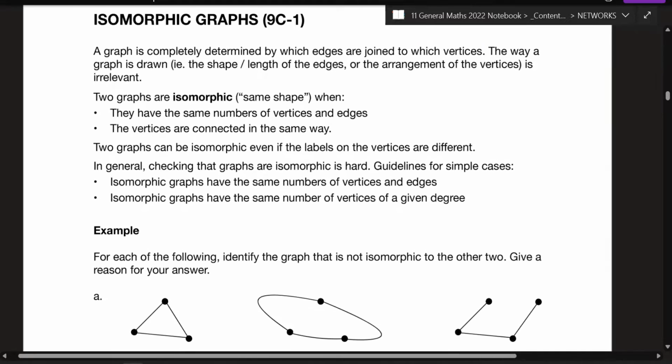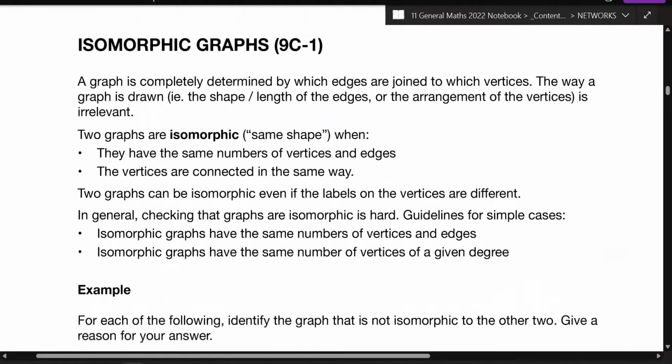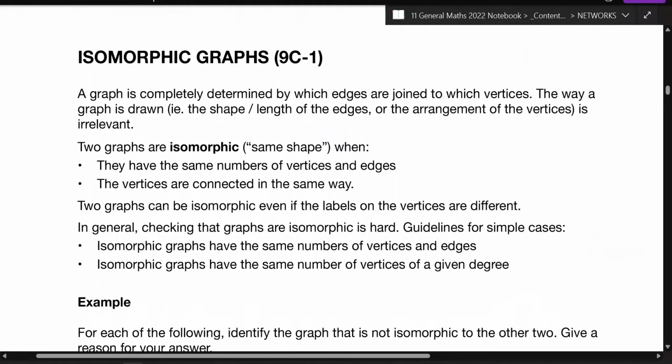All right, let's get into a little bit more detail about networks. What we're covering in 9C is split into 3 parts. The first part is on isomorphic graphs. You'll see this word pop up every now and then. Isomorphic.